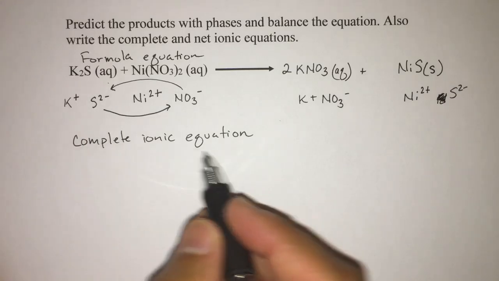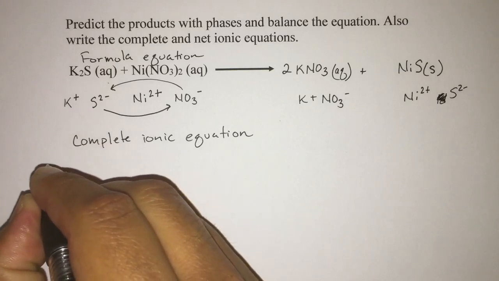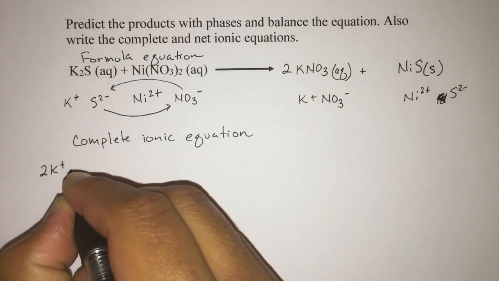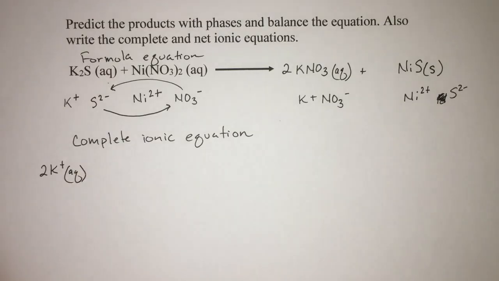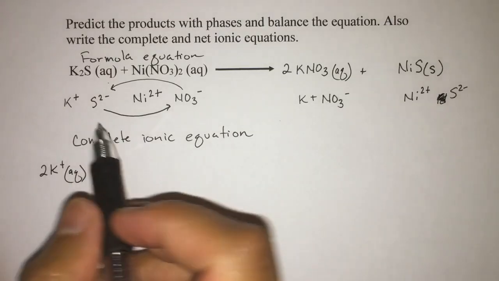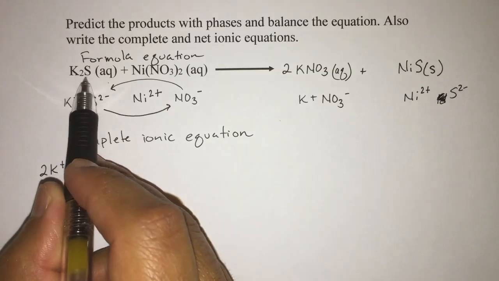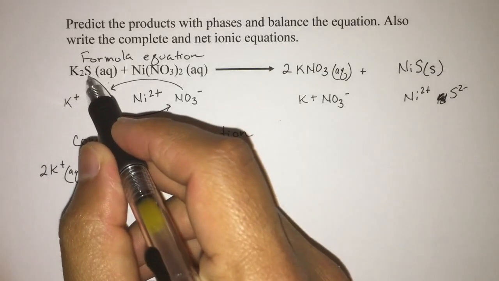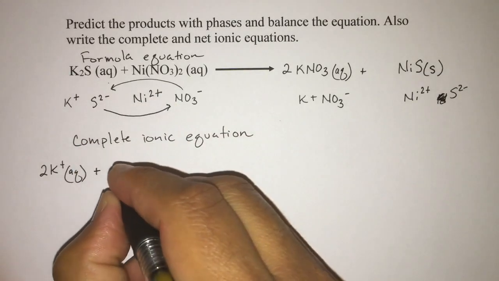So in the complete ionic equation, I'll write 2 K plus aqueous. For every 1 mole of the potassium sulfide that dissociates, there's 1 mole of the sulfide that dissociates.